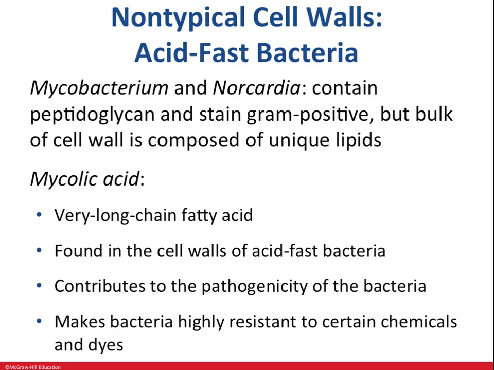We can classify these cells as acid-fast bacteria, such as Mycobacterium tuberculosis and Nocardia. They contain peptidoglycan, which can stain as a protein.